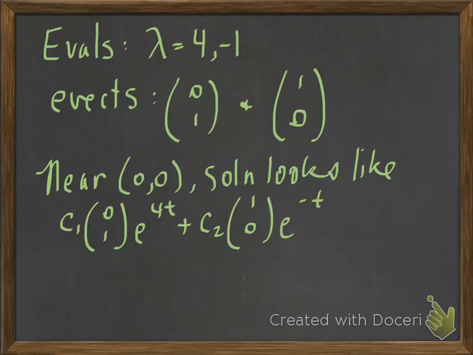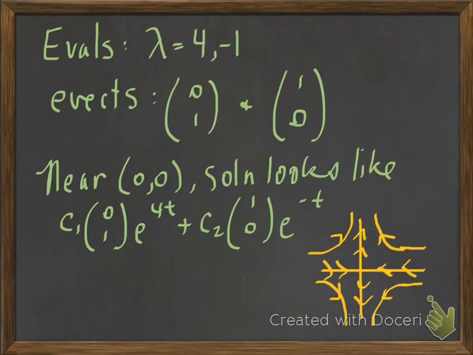So near (0, 0), my solution should look like C1 times (0, 1) e to the 4t plus C2 times (1, 0) e to the -t. So my phase portrait near (0, 0) looks like this. Along the y-axis, I am moving away from the fixed point because that's the direction corresponding to e to the 4t. Along the x-axis, I'm moving towards the origin because that's the direction corresponding to e to the -t, and then I fill in my curves accordingly.